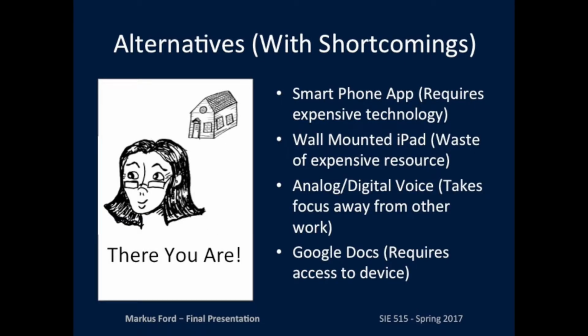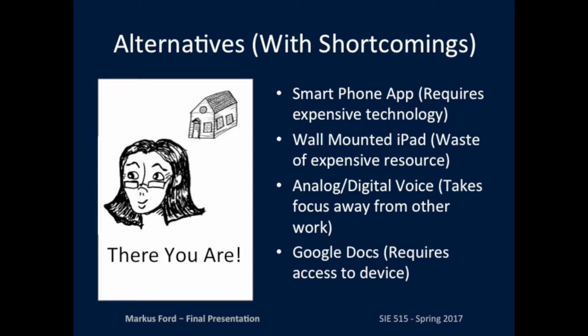There are a number of approaches, alternatives to our plan, which users can certainly take advantage of. But we see a number of shortcomings to these approaches, and I'd like to just go through some of those alternatives with you briefly here. One of those is to use a smartphone app of some kind.